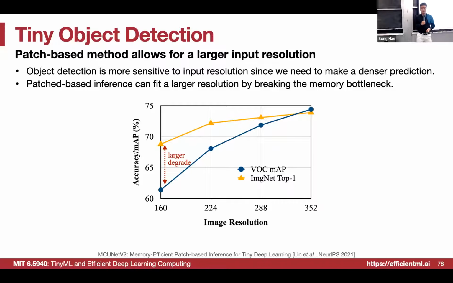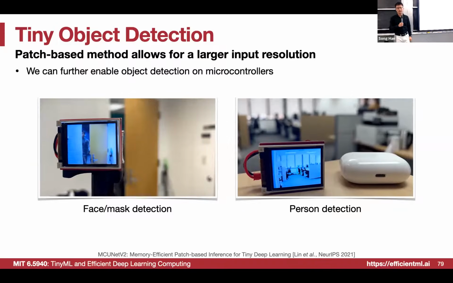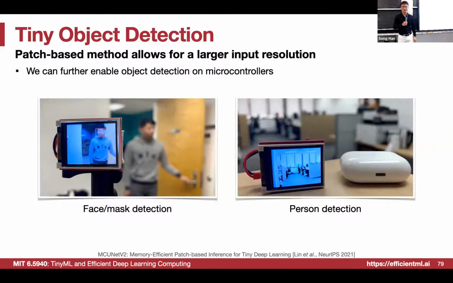So resolution matters a lot for detection tasks compared with classification tasks. Classification degradation is not that severe, but for detection the degradation is pretty severe, showing that detection applications are more sensitive to the resolution. Therefore, it is more important to use patch-based methods like MCUNetV2 to increase the resolution we can fit.